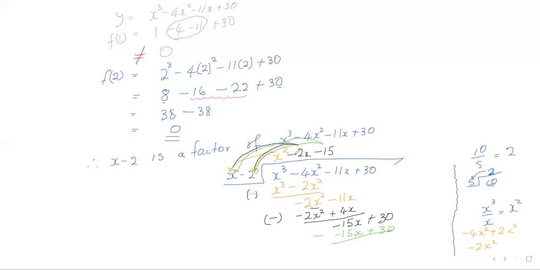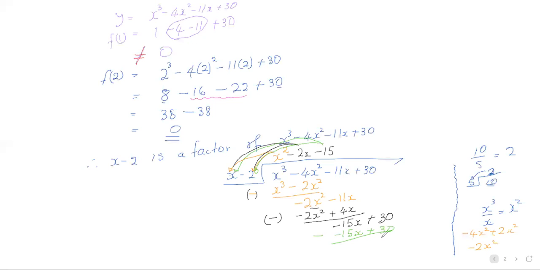Now we have x squared plus 2x minus 15. Let's check. x minus 2 and that quotient, those are the factors there. This is f of x is equal to that.